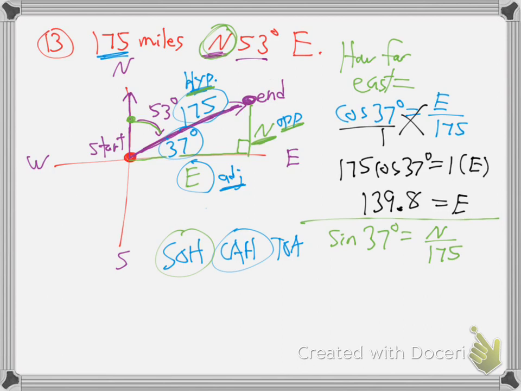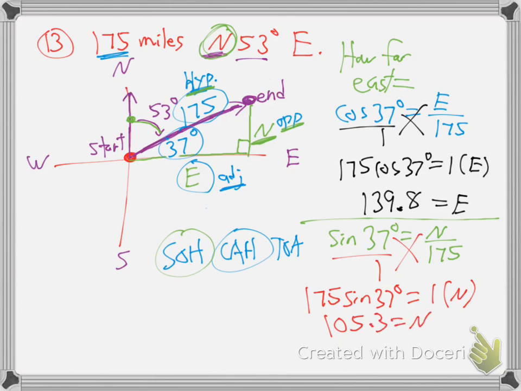So you want to solve that for n. Let's put this over 1, diagonal, diagonal. 175 sine of 37 is 1 times n. And I'm getting 105.3. 105.3 miles north.